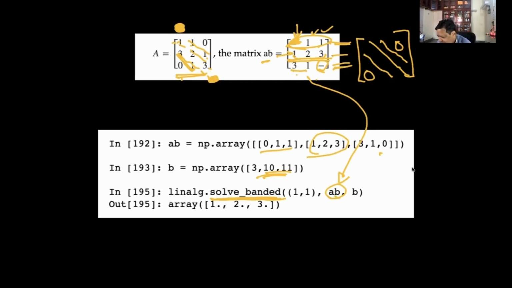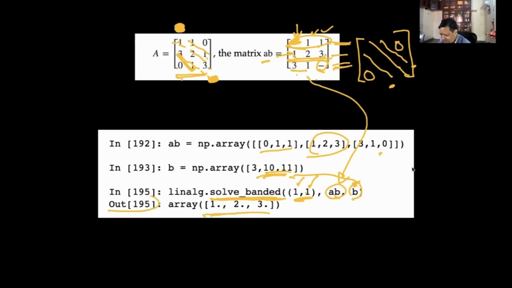So AB is here, B is this vector, and this is telling you that one below and one above diagonal are non-zero. This function also works if, let's say, 2 diagonals above and 2 diagonals below are non-zero. That will work. And the answer is, of course, 1, 2, 3.